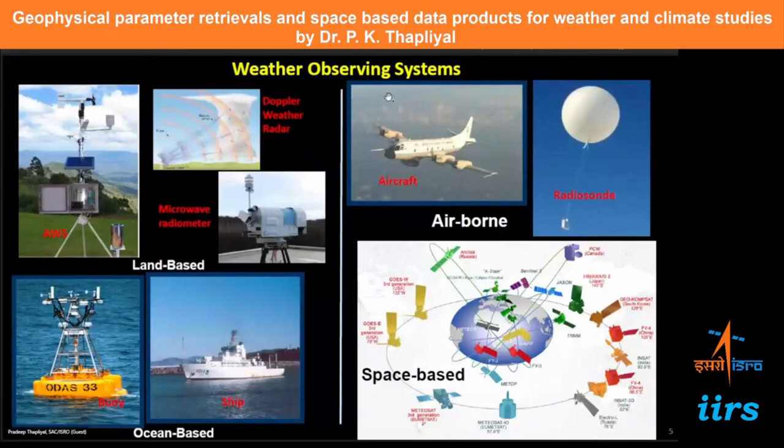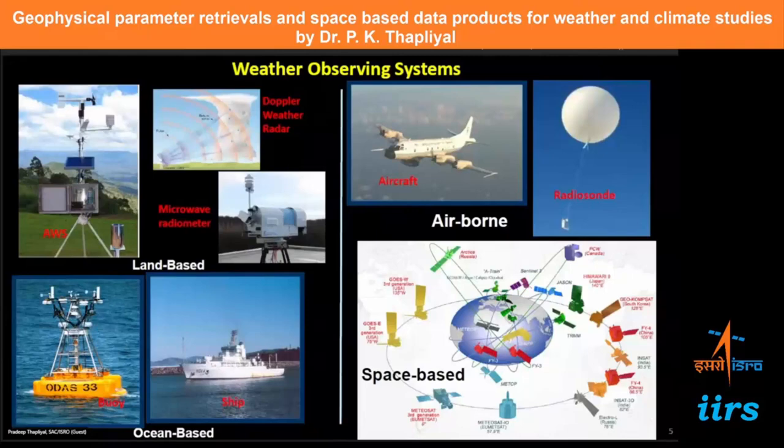Now I will tell you how these data are obtained. Traditionally, these observations you can get from land-based systems, airborne instruments, as well as ocean-based instruments. Over land, you know very well that there are automatic weather stations installed by various meteorological agencies, like IMD in India, which operates several AWS over the entire Indian region.